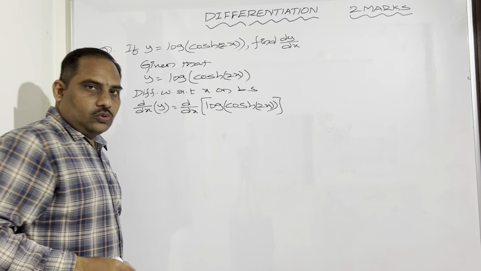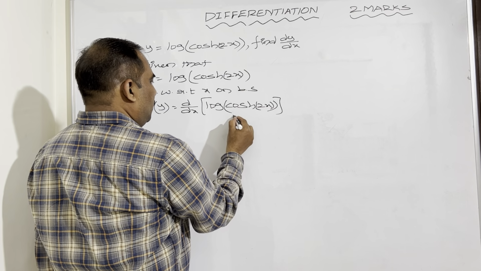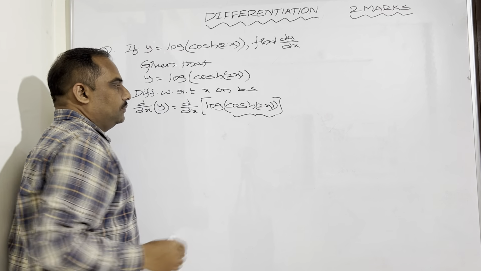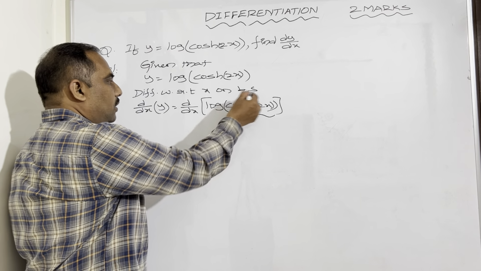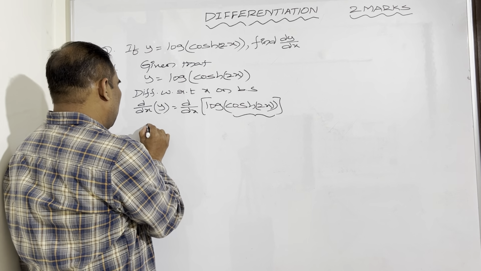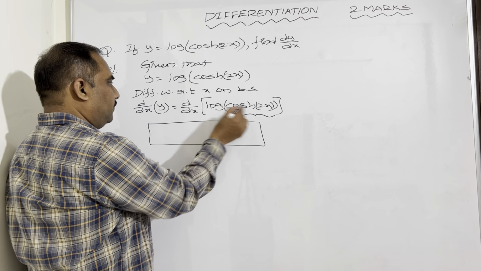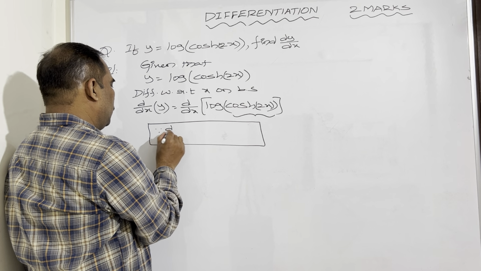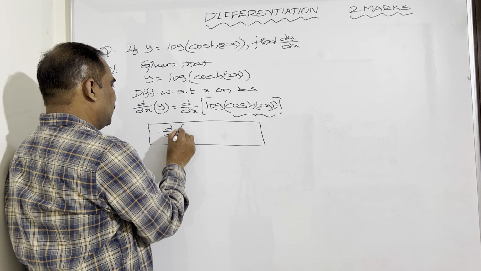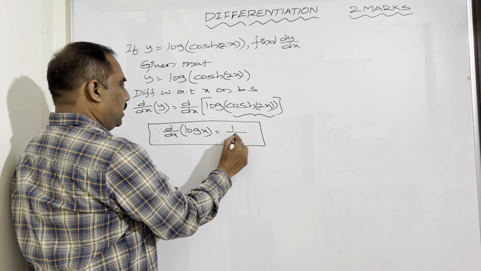See, observe here carefully, which is in the form of log x. So in place of x, what we have? Cos h 2x. So now here, first we have to do the derivative of what is in the form of log x, no? So we know d by dx of log x is equal to 1 by x.